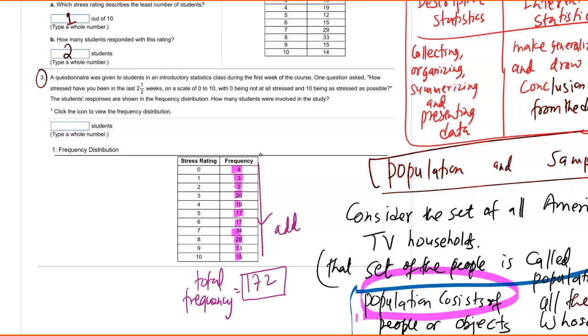If you add all these frequencies, that's the total number of people in the survey. Therefore, how many students were involved in the survey? 172. Okay, that's question number 3.